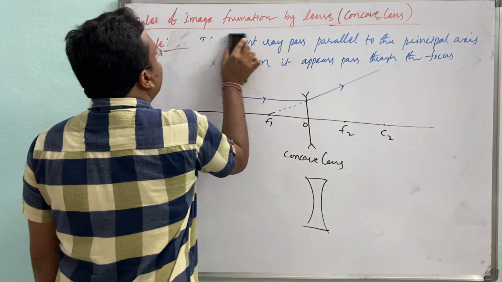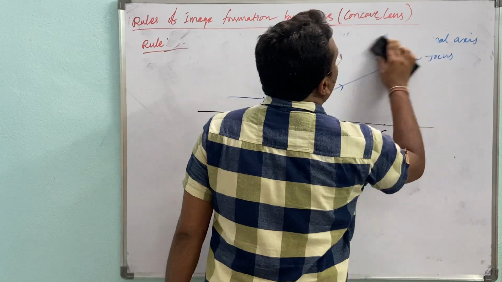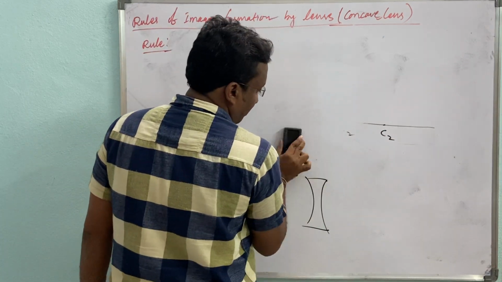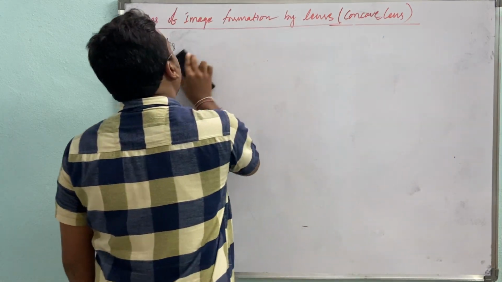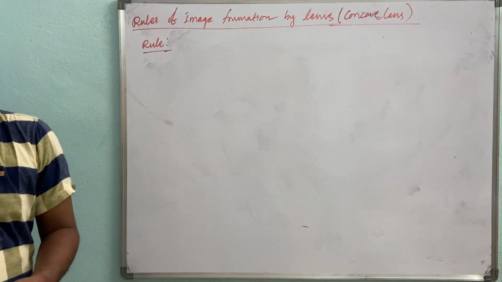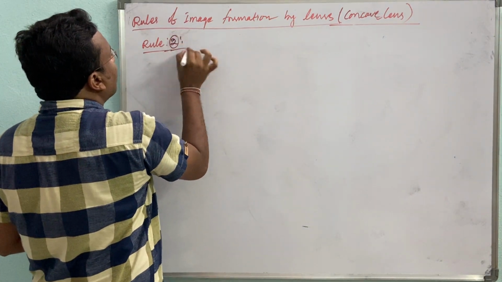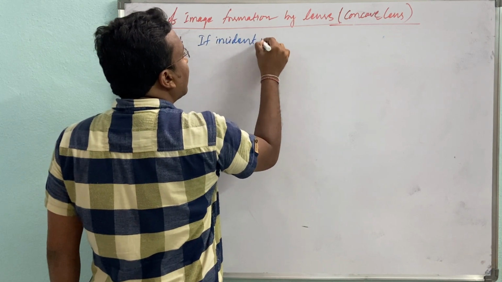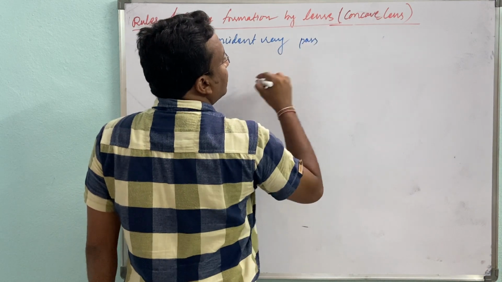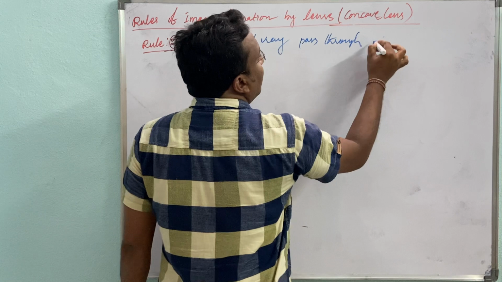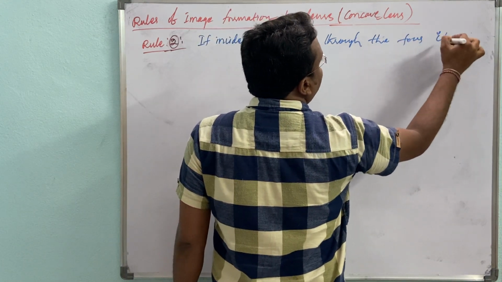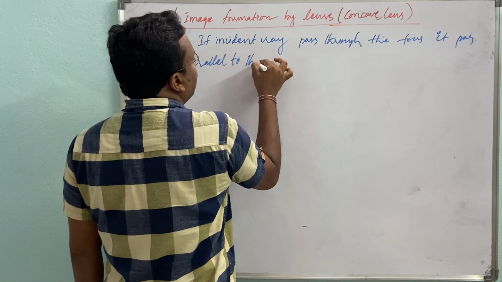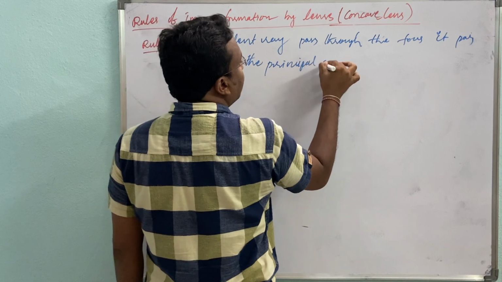In rule 2, if the incident ray passes through the focus, it passes parallel to the principal axis.